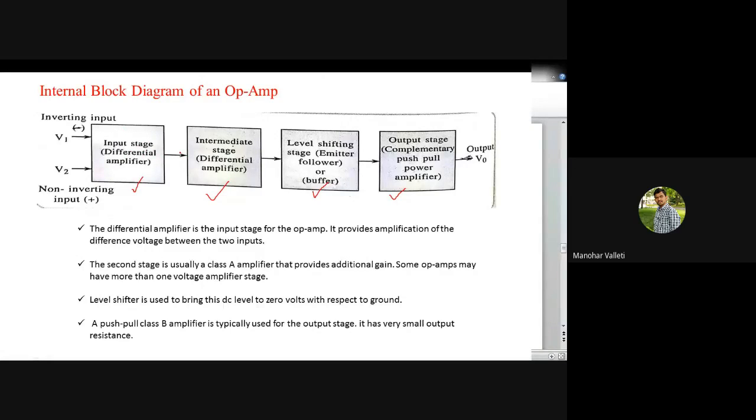And to increase the operational amplifier gain further, we use one more amplifier, the intermediate stage.